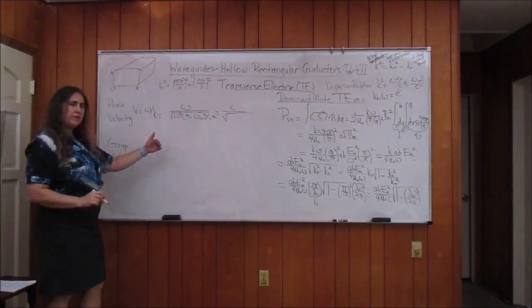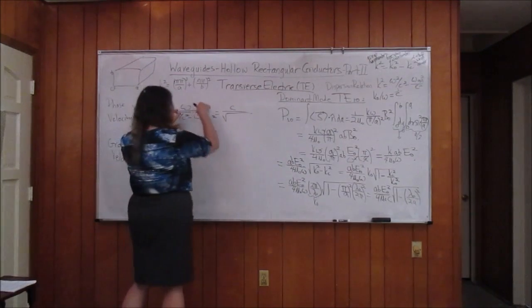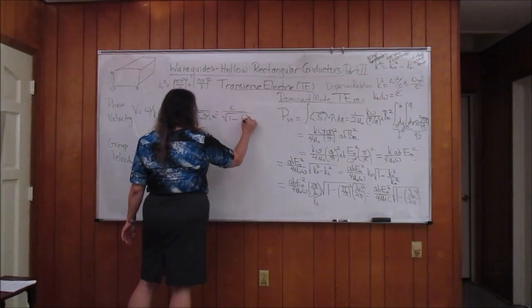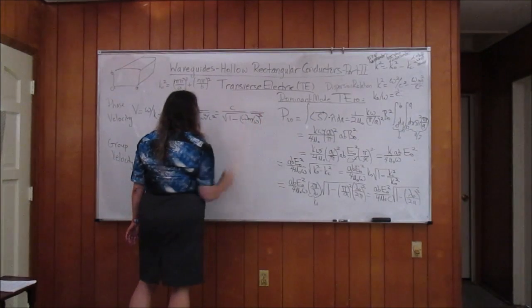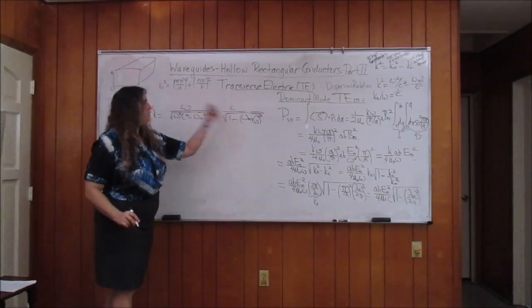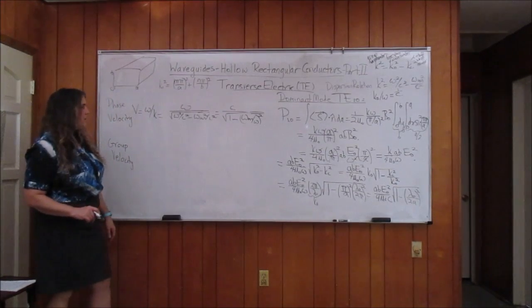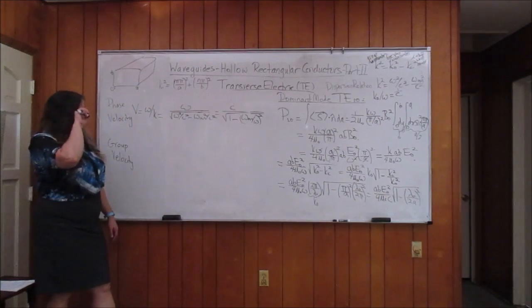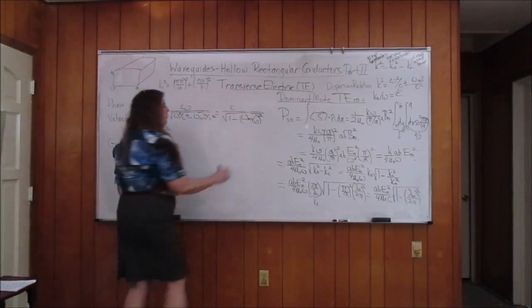If I divide every term through by a factor of omega, we'll get rid of the 1 in the numerator. This becomes 1, and this is 1 minus omega_mn over omega squared. Now, because this quantity in the denominator is definitely going to be less than 1, what that means is that your phase velocity is actually going to be greater than the speed of light.